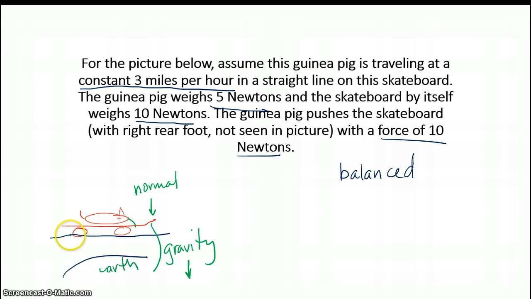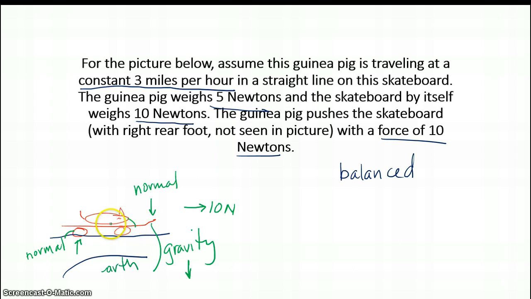Okay? How about for the ground? The ground is touching the skateboard as well, and that ground is again pushing it up. So I have a normal force pushing up. I told you also that you have a forward force of 10 newtons because the rear foot is pushing it, so that's my normal force.